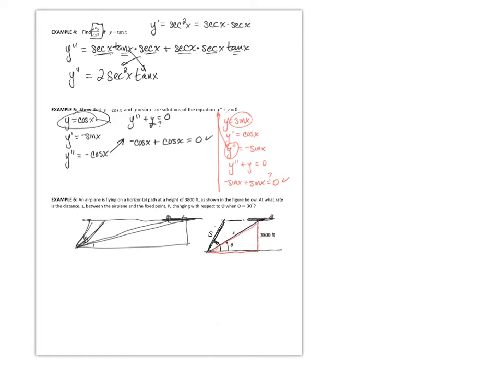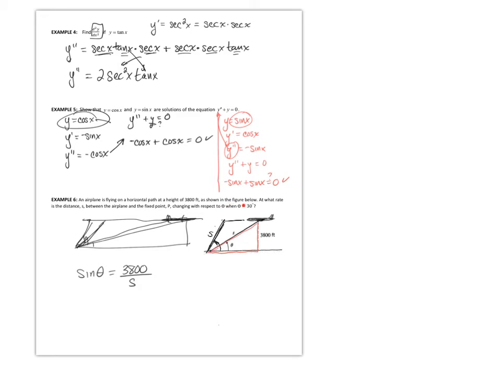So I think everybody would agree that the relationship between the opposite side and the hypotenuse is given by the sine of that angle. So the sine of theta is equal to the opposite side over the hypotenuse. And that's all well and good, but we have to come back up here to our problem statement, which is the rate at which the distance s is changing with respect to theta changing.